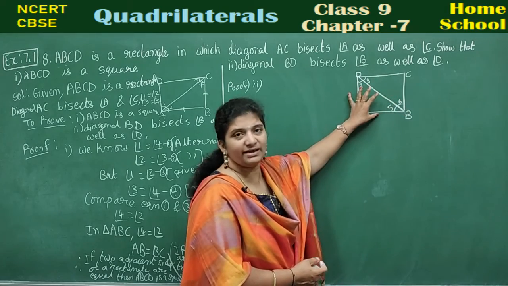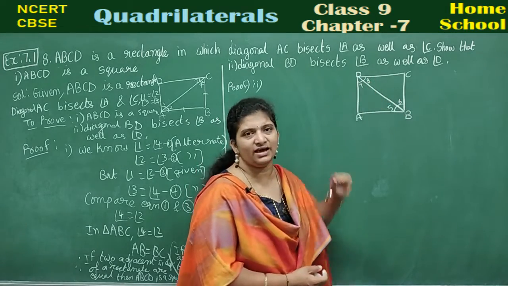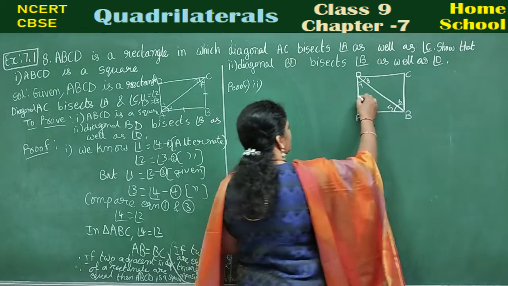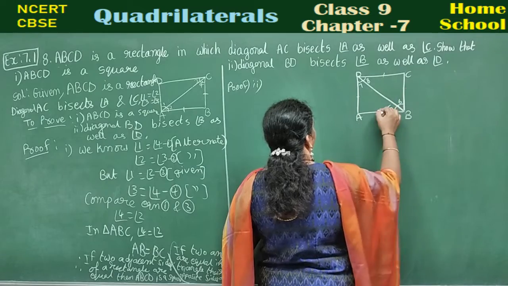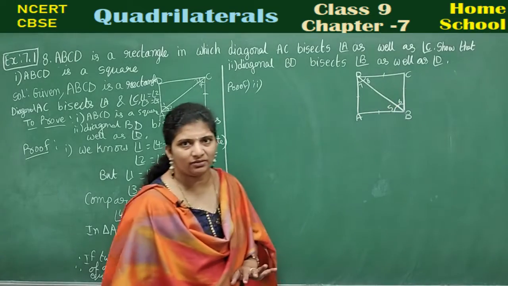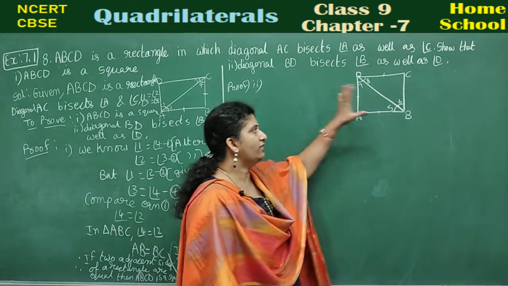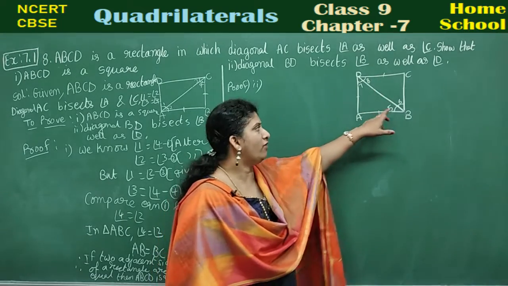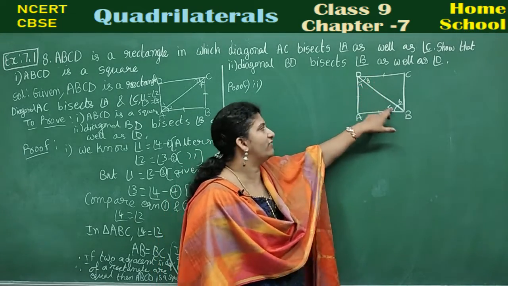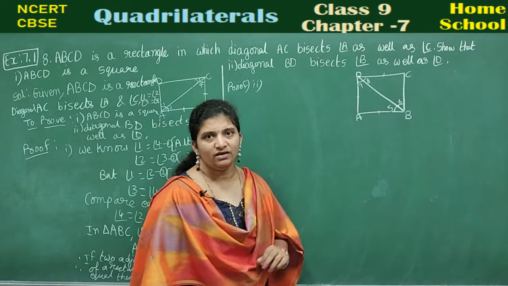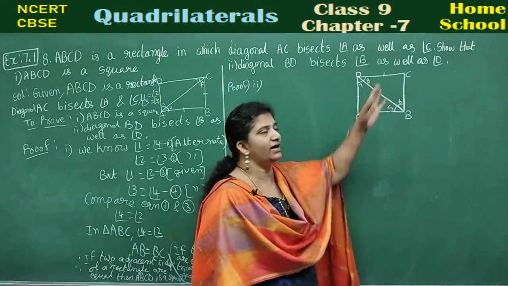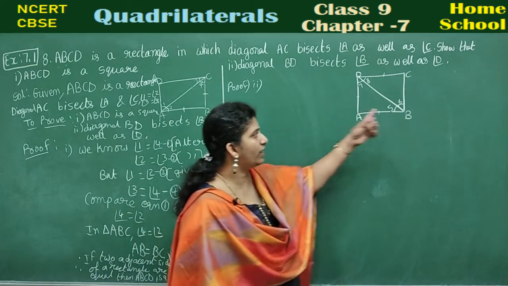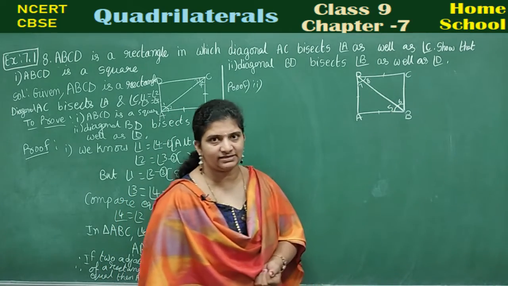If these two sides are equal, their angles are equal. I have proved this one as a square. Now, these two sides are equal, so these two angles are equal. Therefore, angle 5 equals angle 8 and angle 5 equals angle 7. When you compare, you get angle 7 is equal to angle 8. Similarly, you can prove angle 5 equal to angle 6.